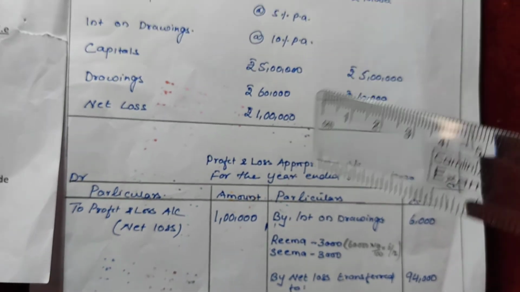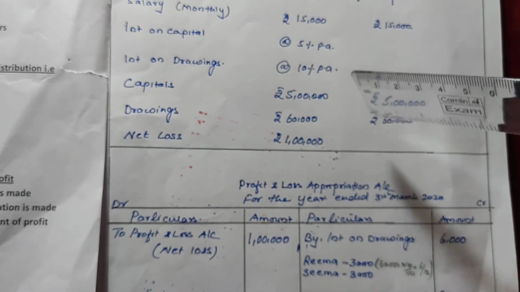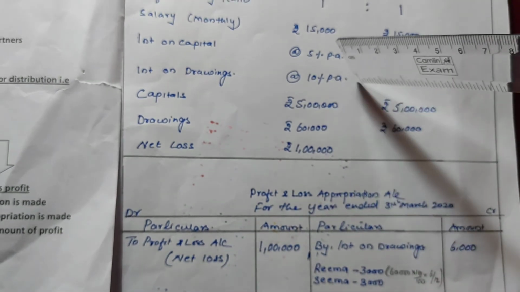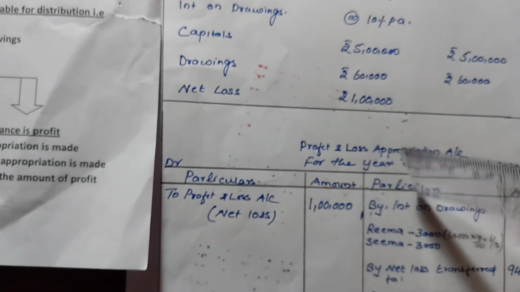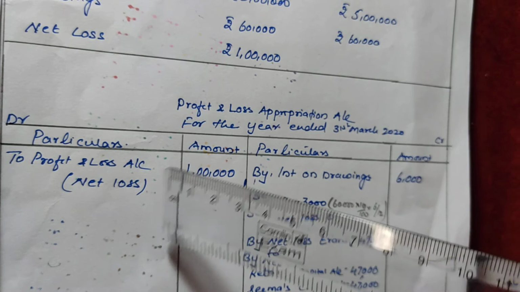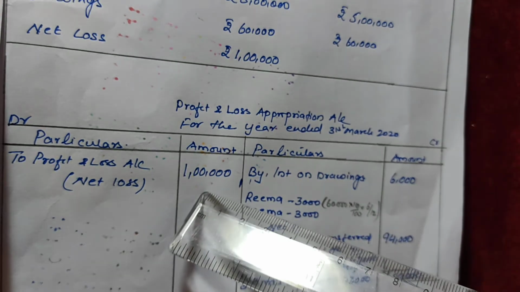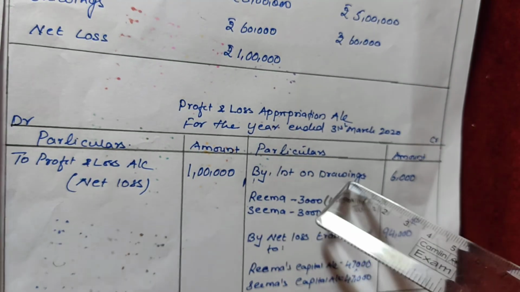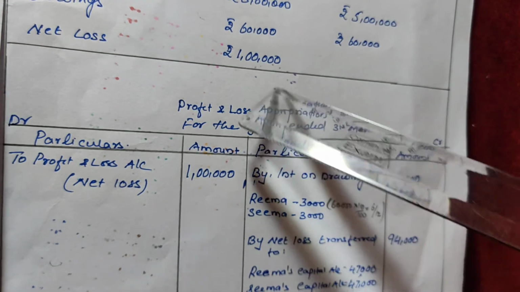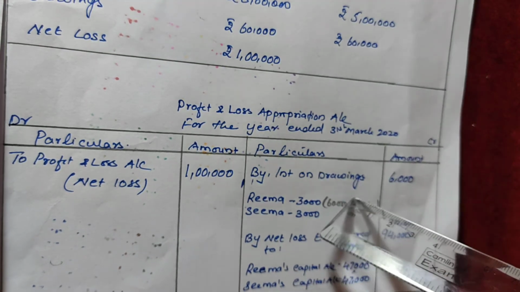No interest on capital will be given, no salary to the partners. We have to first transfer the loss in the debit side, then we will write the loss is 1 lakh, then interest on drawings.